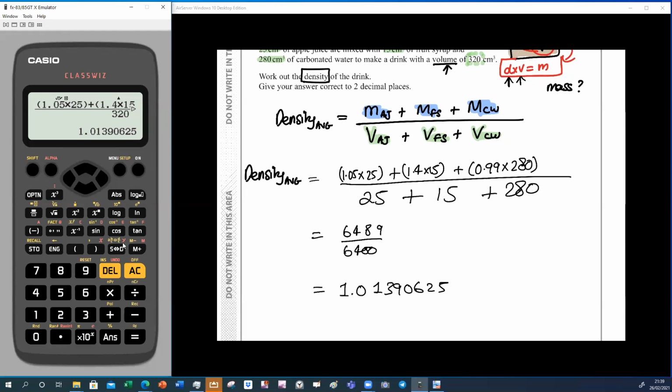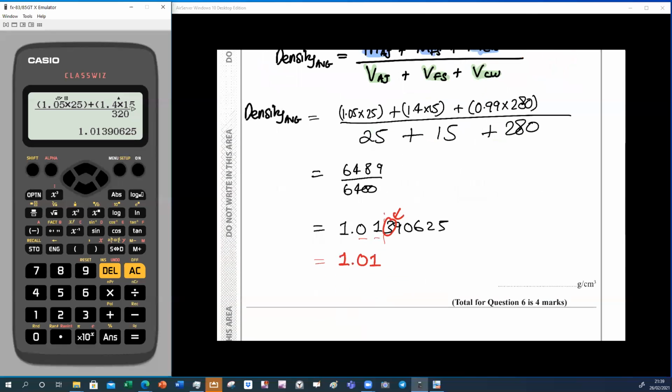Now, does it tell us, oh, here, lovely. It's given us an indication that it wants us to do it to 2 decimal places. So can you do that for me? Yes, it'd be 1.01, because you look at the 3, that's less than 5, so you leave everything alone. And that is our final answer.